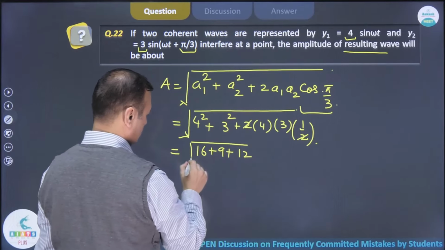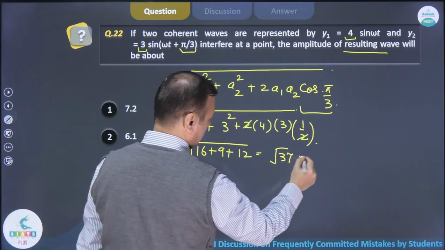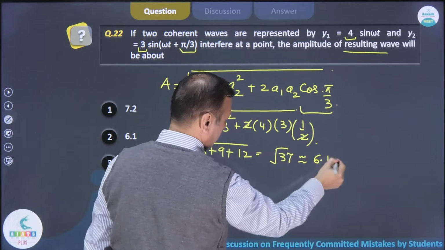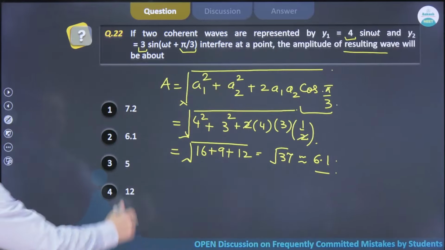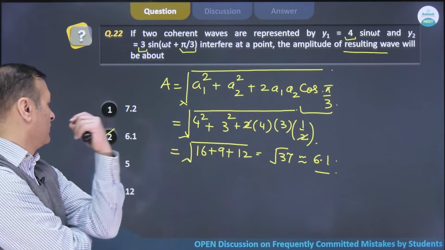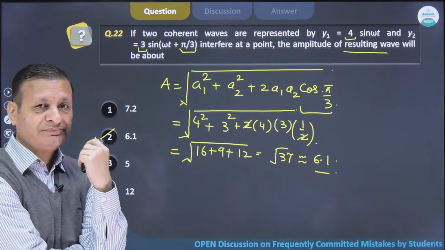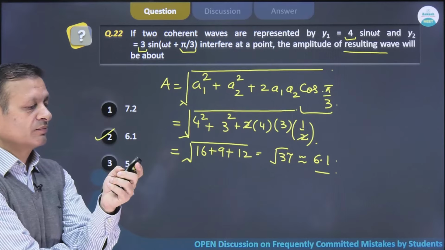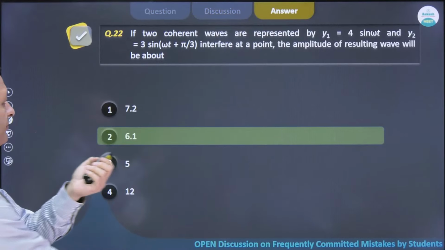So this is root of 37, which is primarily close to 6 point something, and that is close to 6.1. So this is the option given in second option. This correct option is second option. Any doubt? Shall we move? Yes, this is the second option.